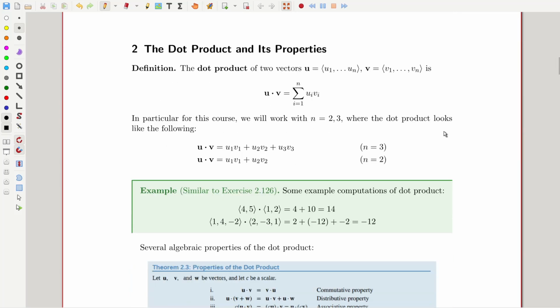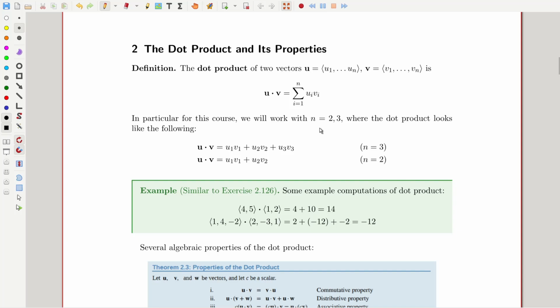Okay. So this is how we define the dot product. I'm doing this in general. So if your vectors are living in an n-dimensional space, then with coordinates u1 to un and v1 to vn, then the dot product is defined as the sum of the pairwise products of the components.